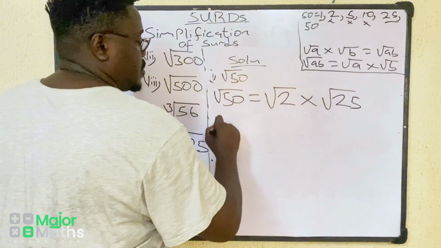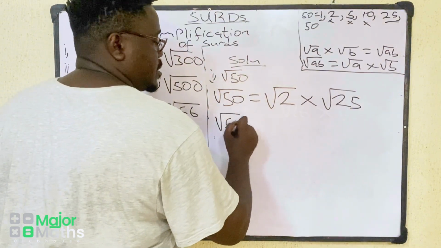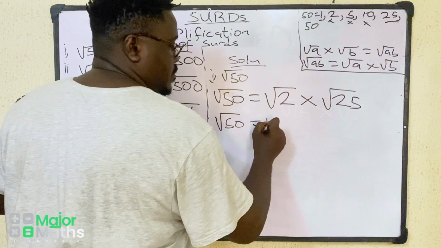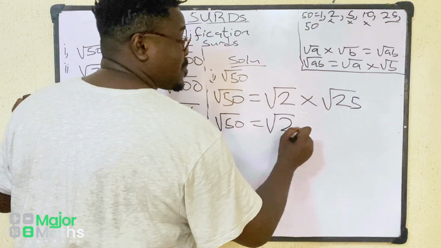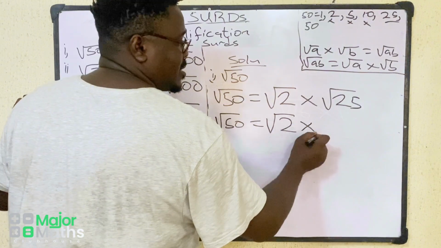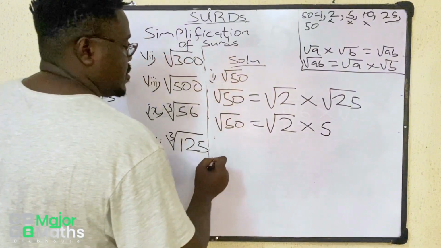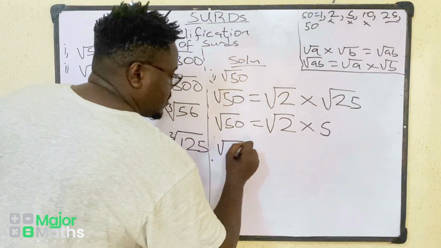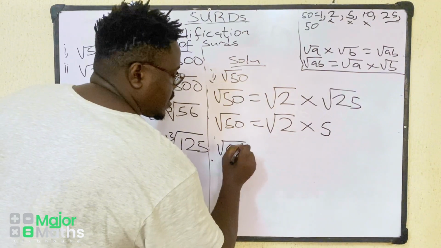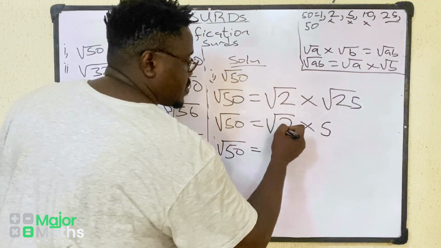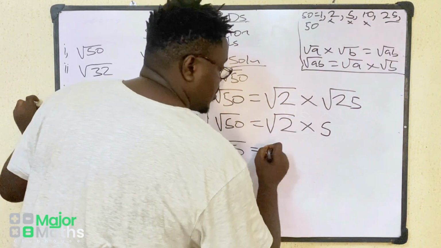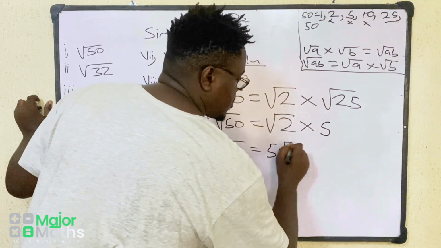We still bring down root 2. Then the square root of 25 is 5. Therefore, root 50 is equal to root 2 times 5, which gives you 5 root 2.